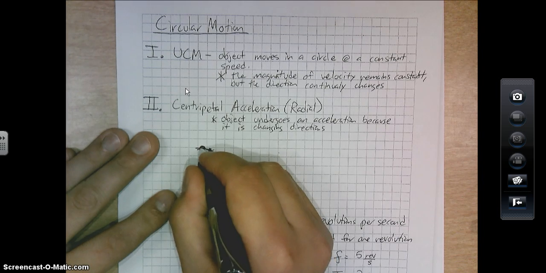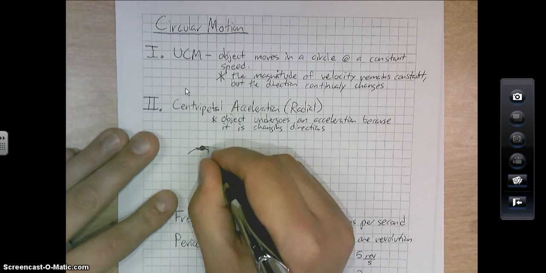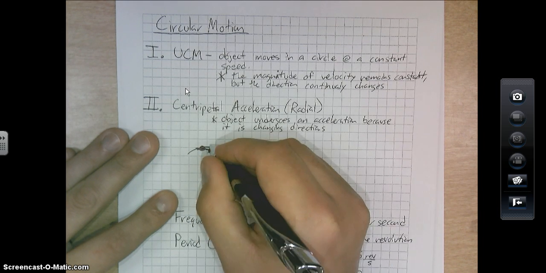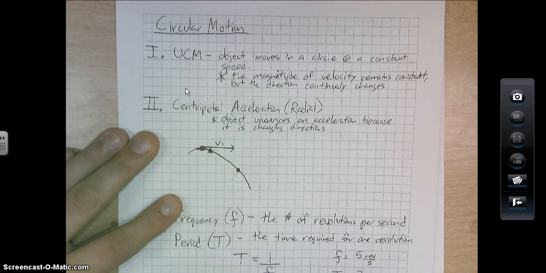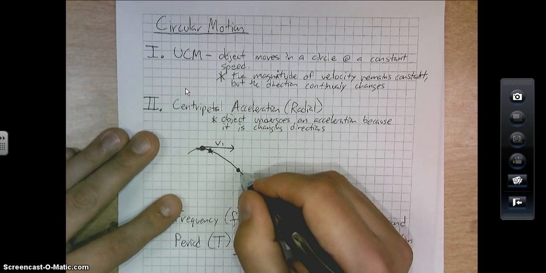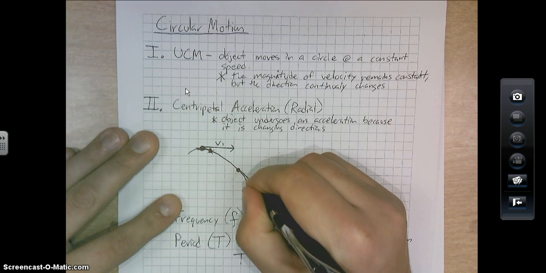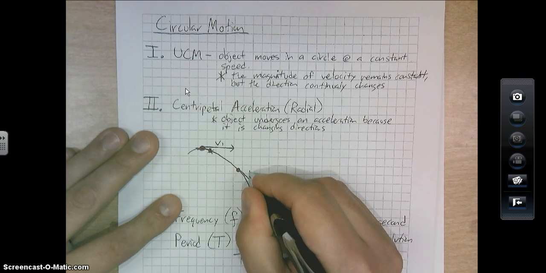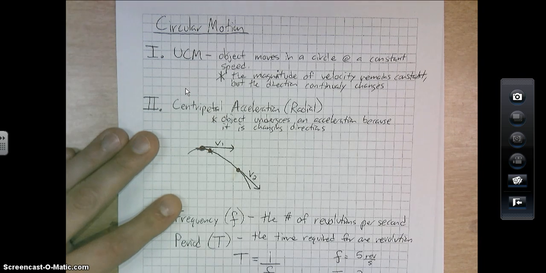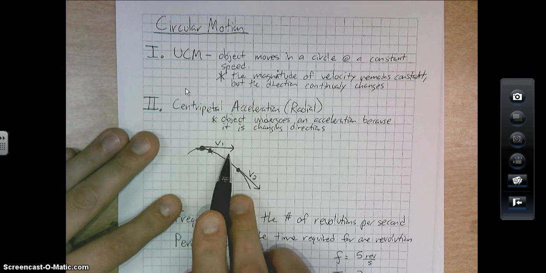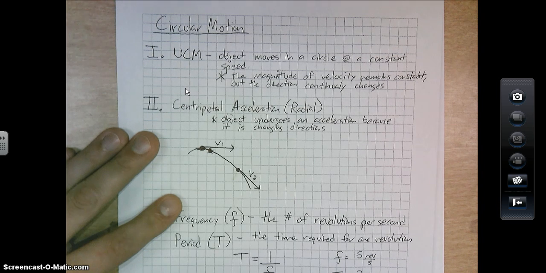So if this was the point up top here, it would have a velocity off in this direction. This would be v1. And then down here, it again would have a velocity that is tangent to the circle. So this would be, say, v2. So notice that the direction of those velocities have changed.